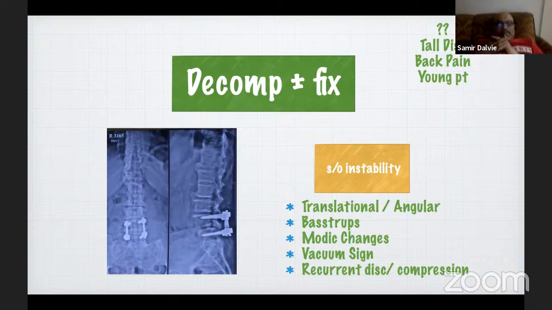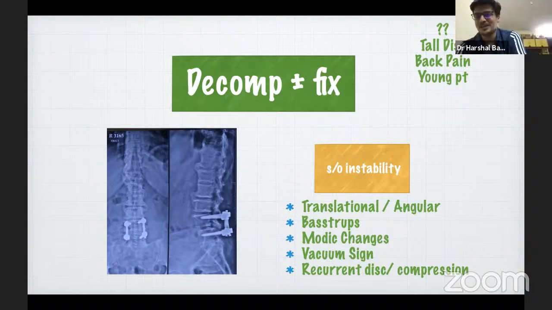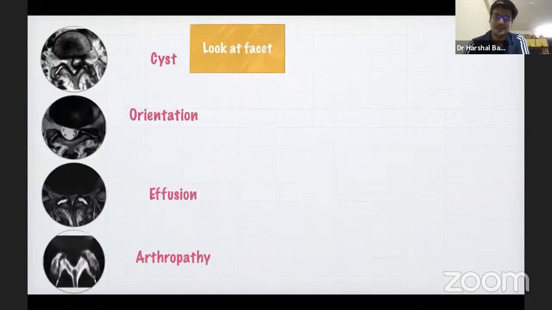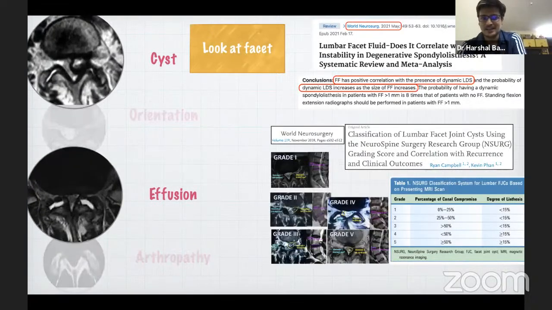Yeah. Fine. But anyway. So regarding fixation, we look for radiological signs of instability, which are mentioned here, but we also look at the facet. Facet, we know that it has some role in pathogenesis also, and there's also surgical relevance in decision making. When we look at the facet, we have cyst and effusion.